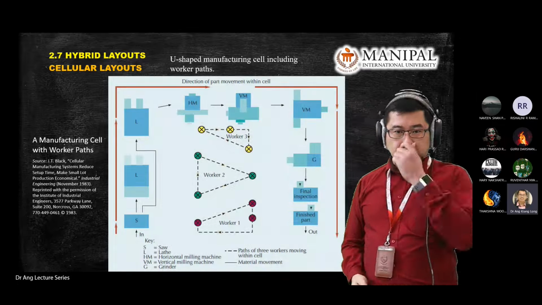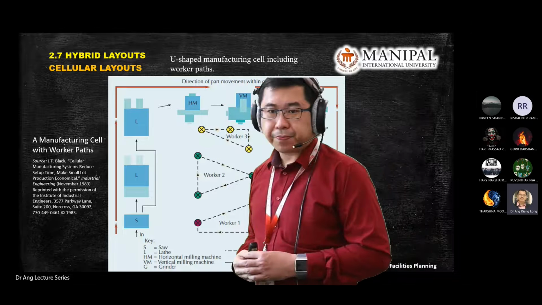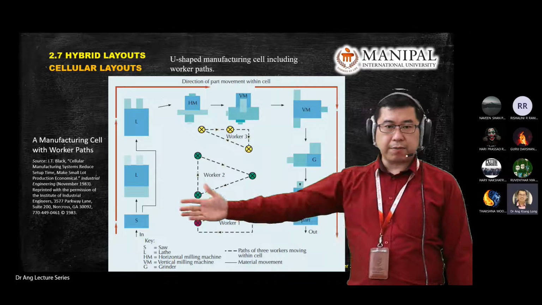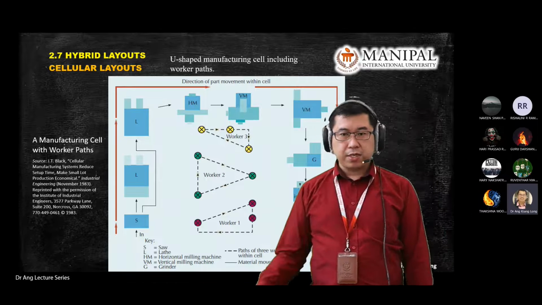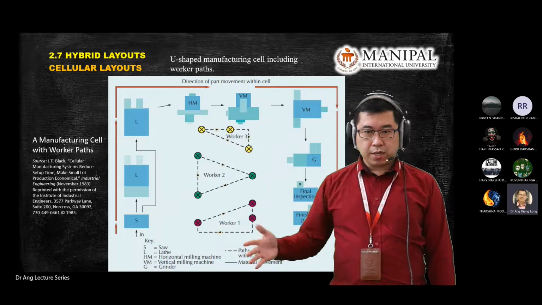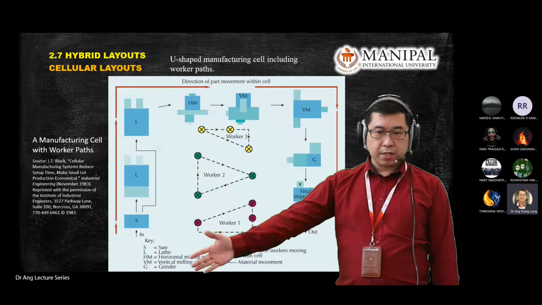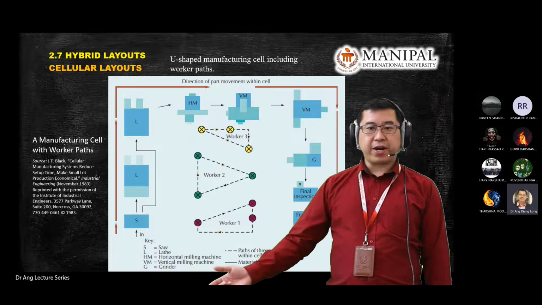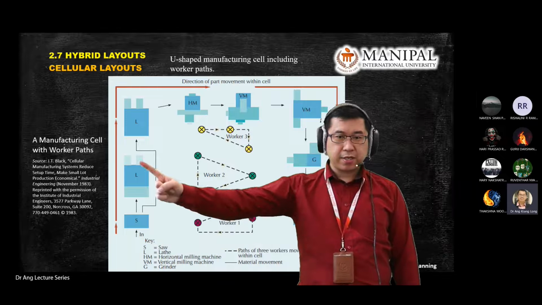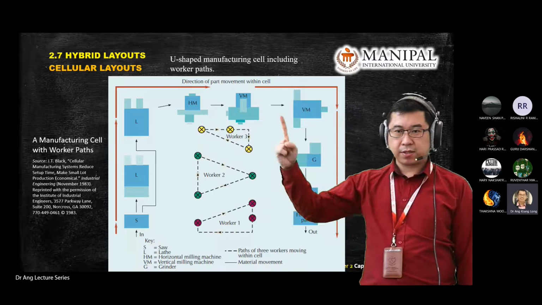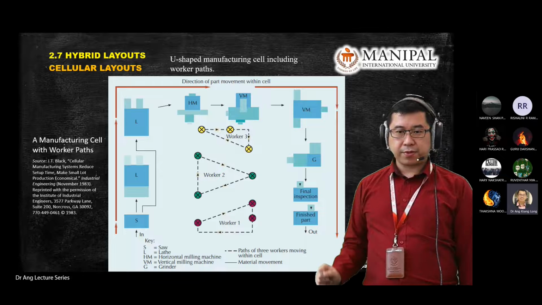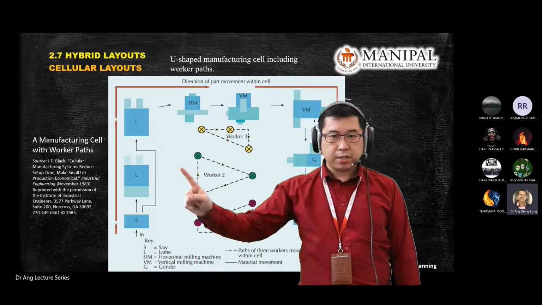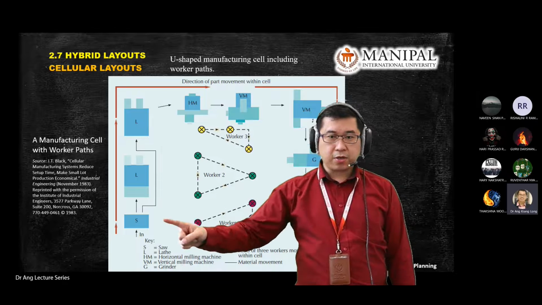Okay, so this is an example of a layout that you can find in manufacturing. So how do you read this diagram? A layout always has in and out, so follow the arrow. When it goes in, it goes through a machine. Label the machine according to its function.